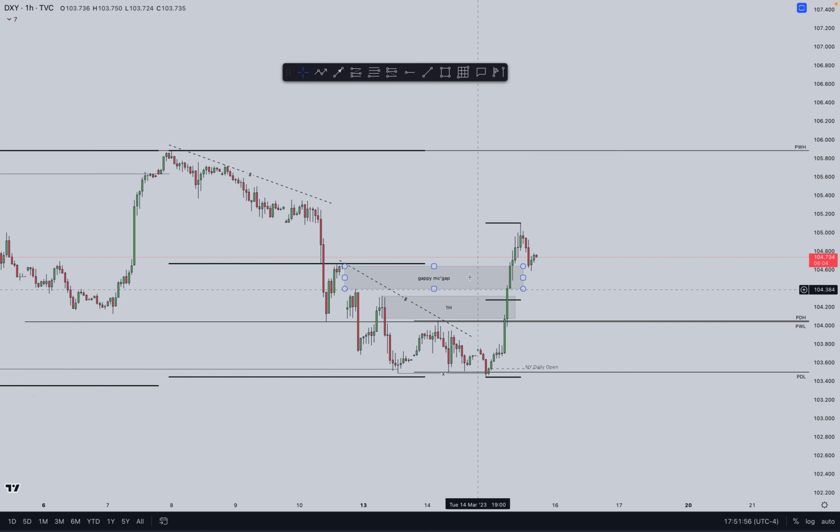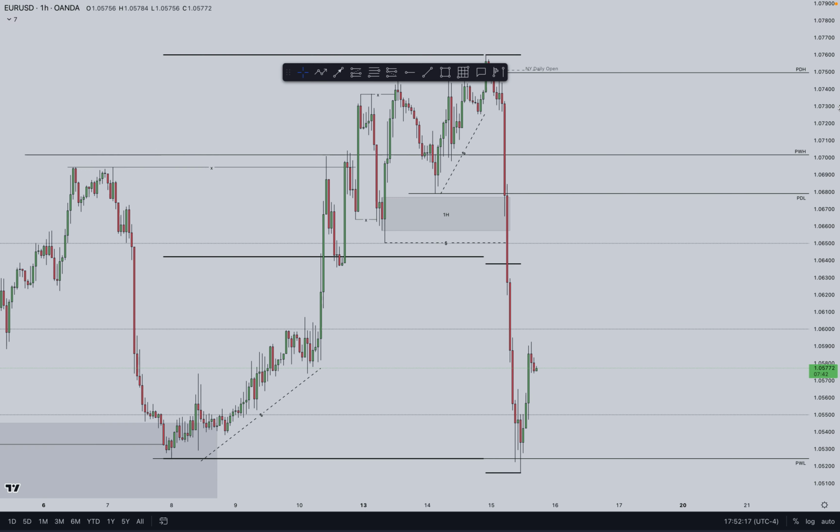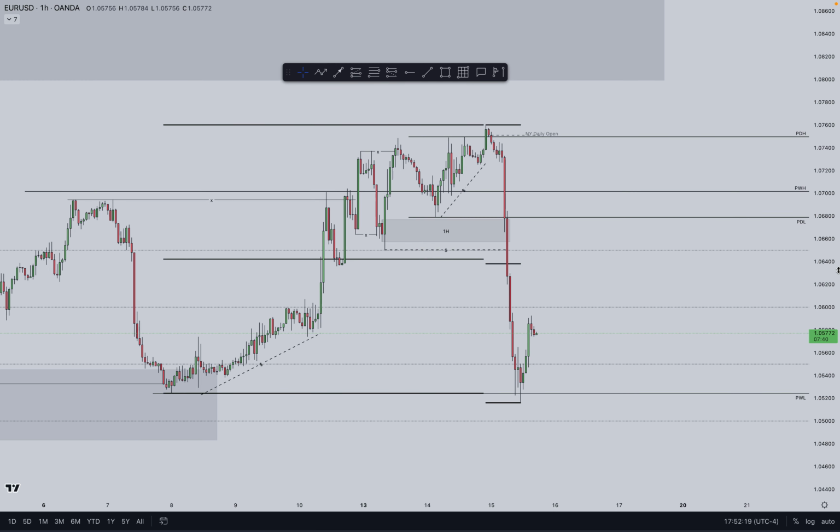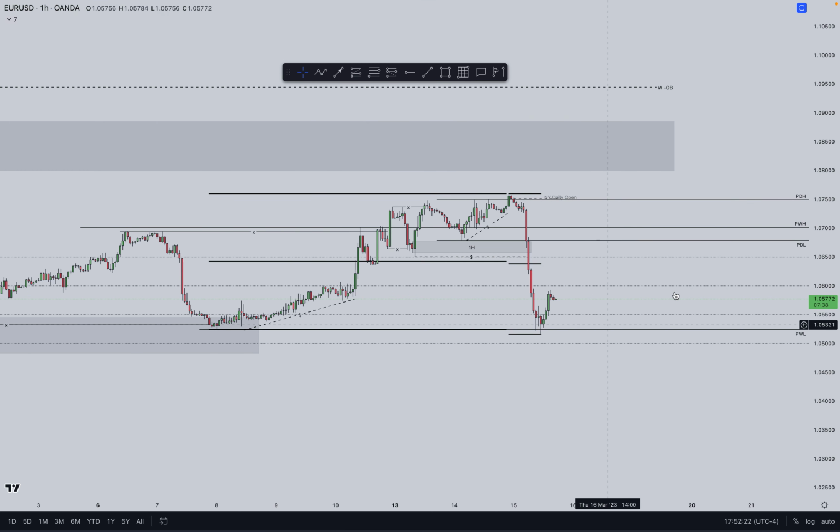Right? So these were totally obliterated, they're gone now. And we'll wait for some structure to see a possible pullback into these discount areas. So back to EU, it's a similar story, right?